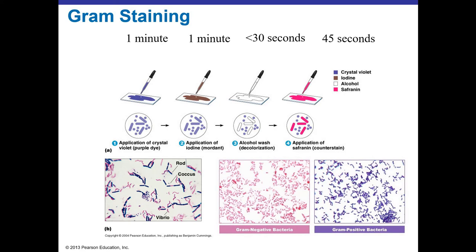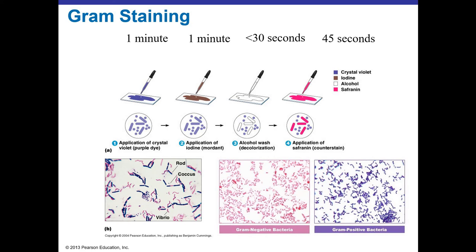But the difference is going to be in the cell wall structure between gram-positives and gram-negatives that are going to give us a differential feature. The differential step is going to be the decolorization step with the alcohol wash. The alcohol is going to decolorize the gram-negatives, so they would be colorless at this point, but the gram-positives remain purple.